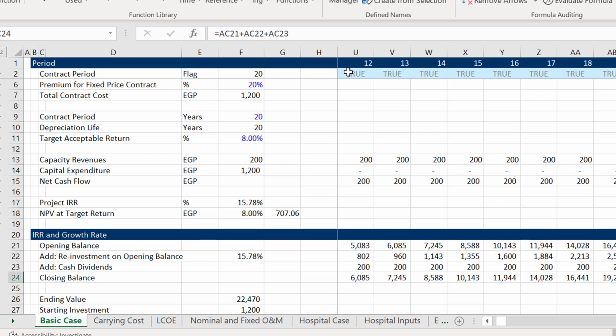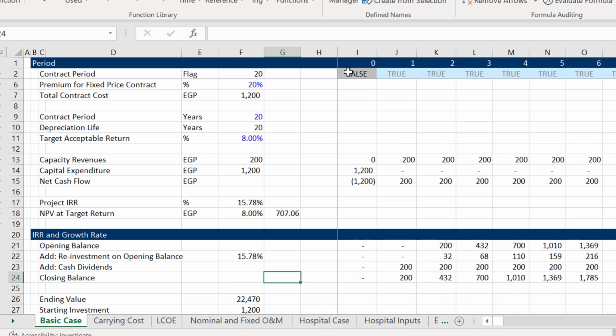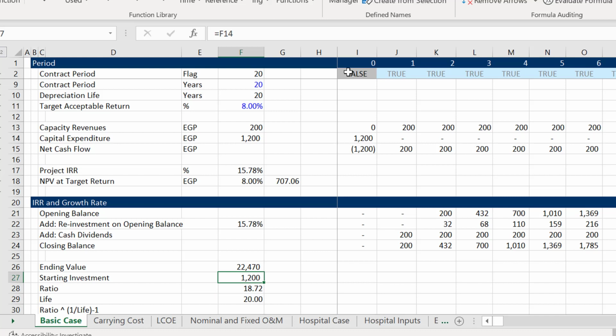If you could do that by the end of the project, you'd get 22,040. I just put that over here. Okay, I don't know exactly if I could have done a lookup, whatever. And then you only invested 1,200.